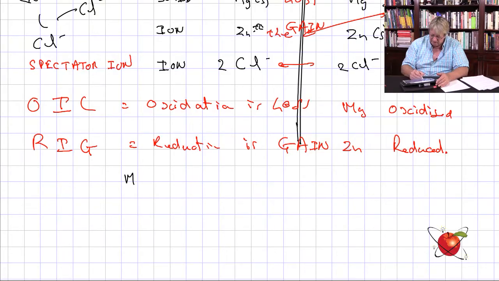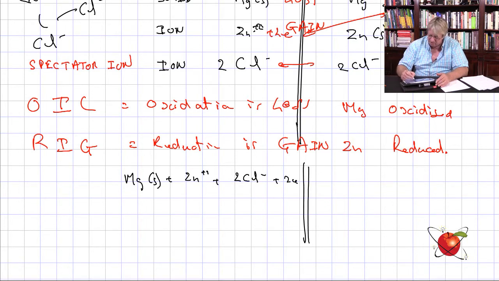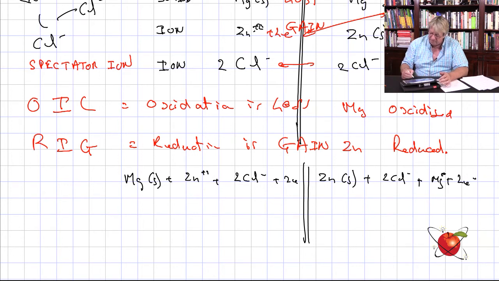We've got Mg solid plus Zn plus 2 plus 2 Cl minus plus 2 electrons, there they are, and that is going to go to Zn solid plus 2 Cl minus, okay, plus Mg plus 2 electrons plus 2, over there, there's my ion Mg, and now can you see we've got 2 electrons on each side.